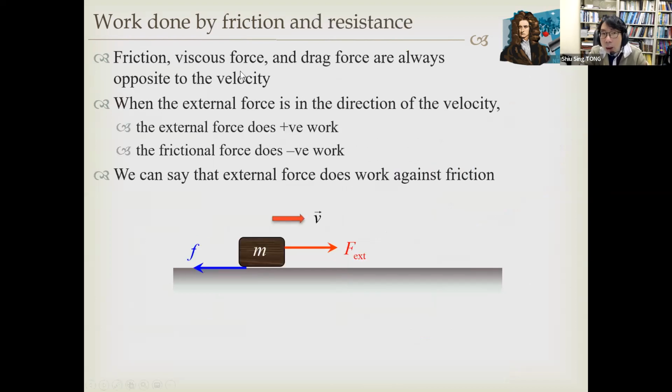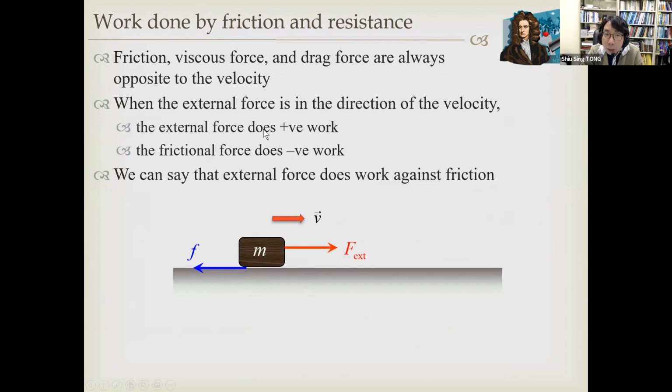Now the friction, the viscous force or the drag force, the air resistance, the viscous force, etc., they always act in the opposite direction to the velocity. So whenever I move forward, those resistive forces always act backwards. So if you apply an external force that is in the direction of the velocity, for example, you move the apple along the table, the external force you apply is parallel to the velocity direction, then the frictional force will always be opposing you.